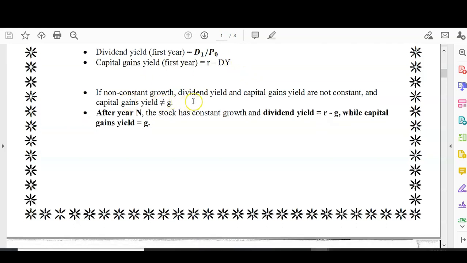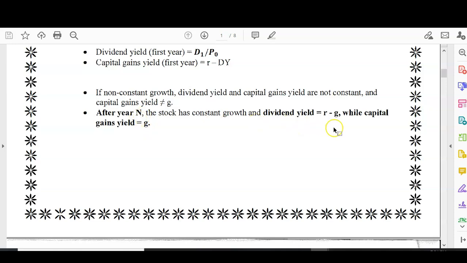In non-constant growth, the dividend yield and capital gains yield are not constant, and the capital gains yield doesn't equal G. However, after year N, the stock has constant growth, and the dividend yield equals R minus G, while the capital gains yield equals G. Even though this is a non-constant growth model with two stages, it's usually in the second stage that the firm becomes mature and stable, with a constant growth of G after N years.